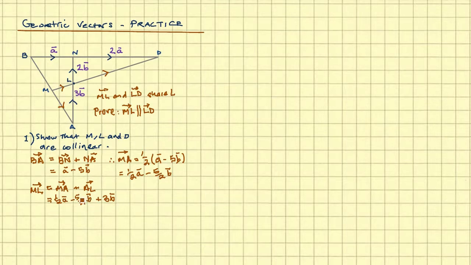Okay. And if I look at this, I've got minus 5/2 b, so that's 5/2, in other words 2.5. So negative 2.5 plus 3b, so I'm going to end up with half a plus half b.